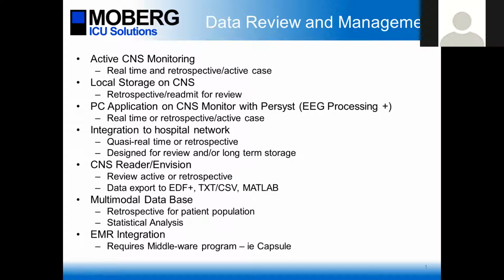For hospitals who are using that, you would see down at the bottom of your CNS monitor screen a little button that says Switch Desktop. That button opens a new Windows application where it's running Persist. So it can be switched back and forth from active CNS monitoring to this Persist processing.